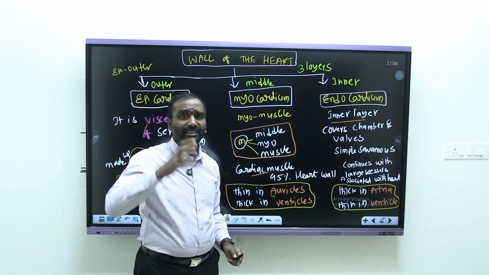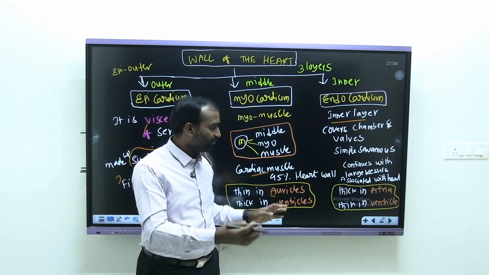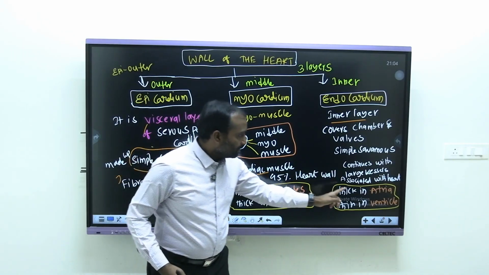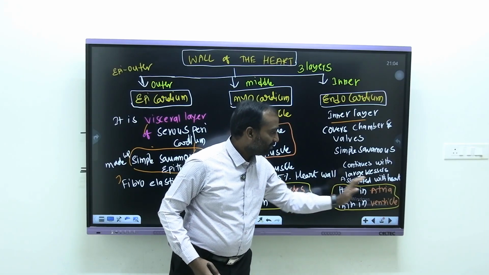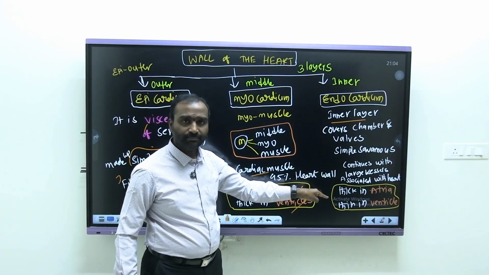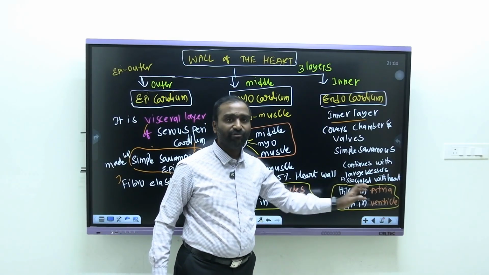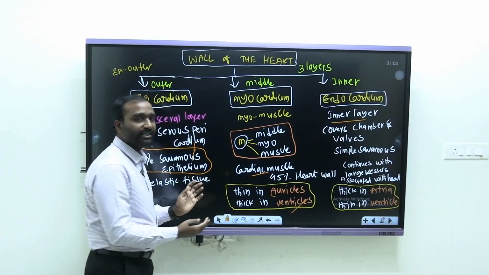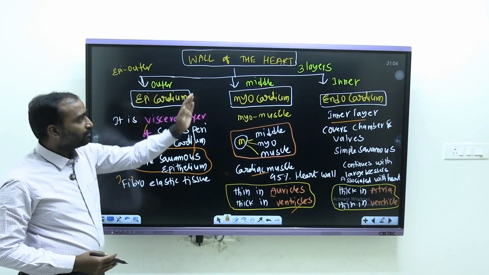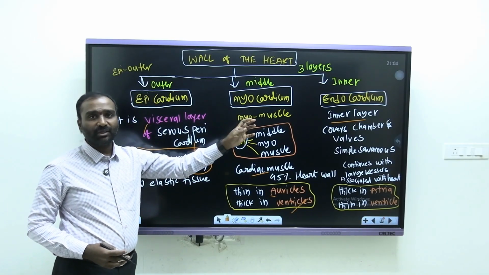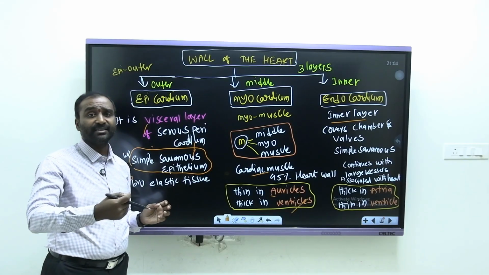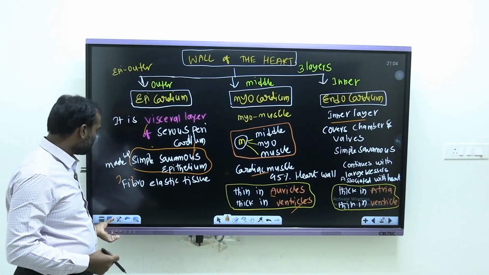Here the thickness is opposite: thick in atria, thin in ventricles. So this is the difference in thickness between myocardium and endocardium, which is important from the examination point of view.